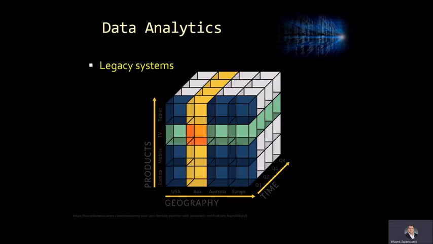And this is an example of a very popular OLAP cube where the X-axis was the geographical distribution, the Y-axis was the products, and the Z-axis was the time. However, you can change the time here to any different aspect that you can measure.